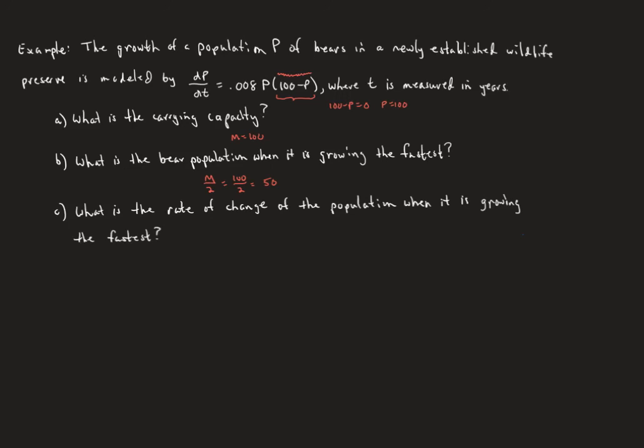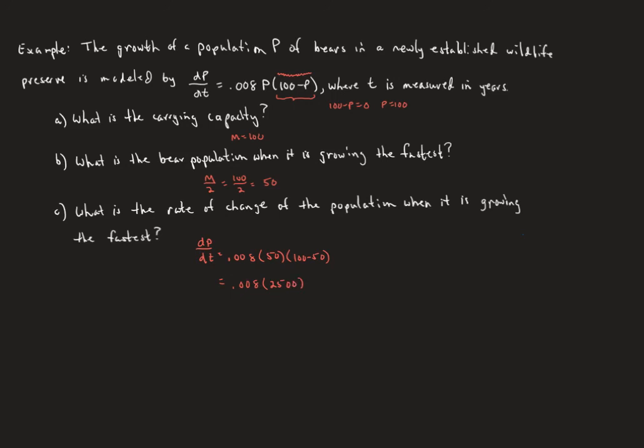And what is the rate of change of the population when it is growing the fastest? Well, now we're going to have to plug that in. So our dP/dt is going to be 0.008 times 50, when the bear population is 50 is when it's growing its fastest, times 100 minus 50, which is another 50. So we're getting 0.008 times 2500.